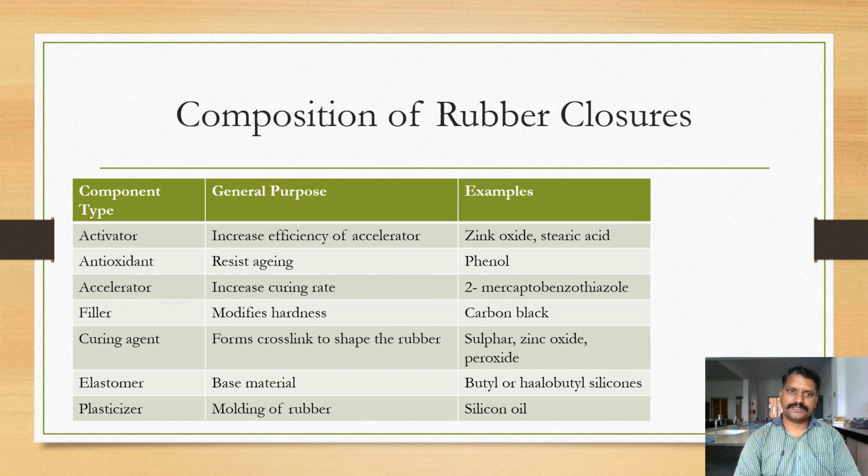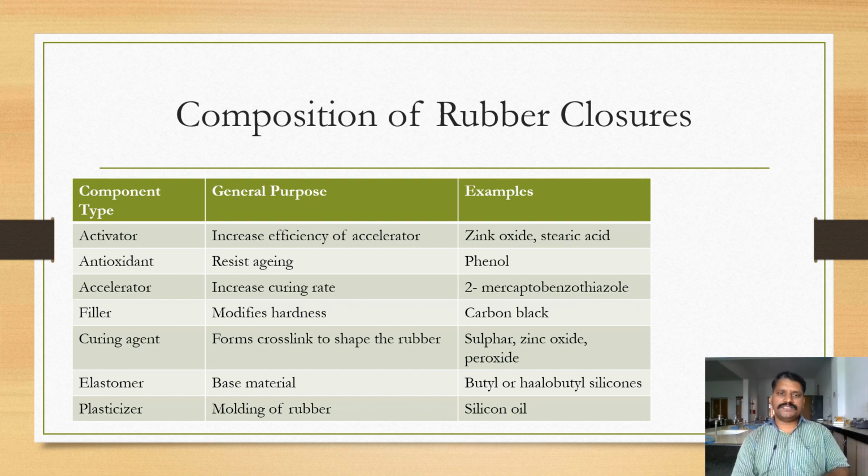The purpose is to increase the efficiency of the accelerator. The accelerator increases the curing rate. And what is the curing agent? It forms a crosslink to shape the rubber into a specific shape or form. So the activator increases the efficiency of the accelerator, and the examples are zinc oxide and stearic acid.